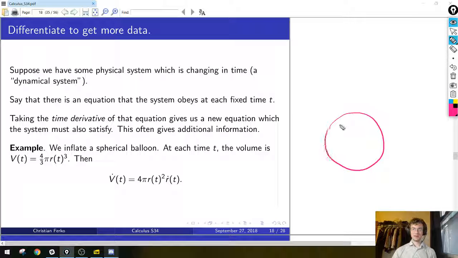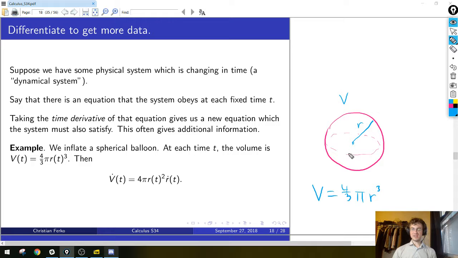So I have a balloon. For simplicity, we will say the balloon is a sphere, even though balloons tend not to be spherical. But suppose we're inflating a spherical balloon, and we know by geometry that at every fixed time t, so if I just freeze frame and look at the balloon at some time, the volume of that sphere is 4/3 pi r cubed.